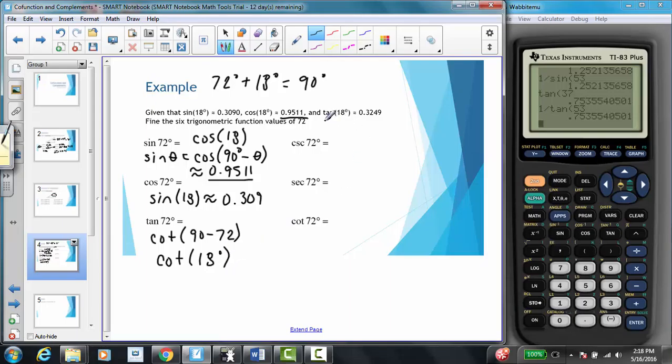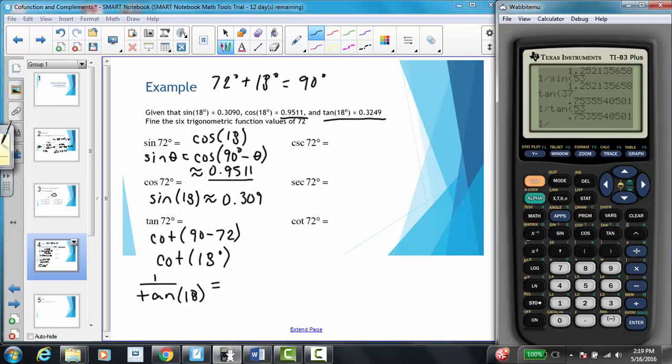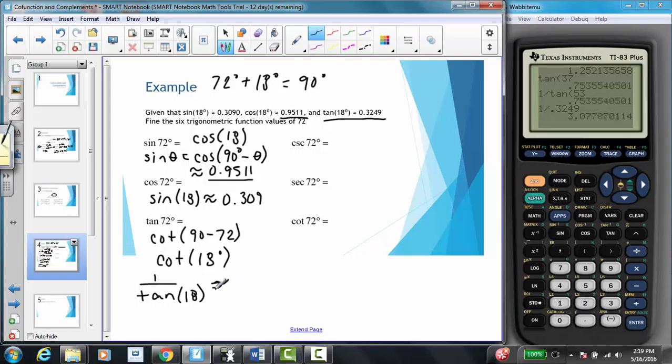The only thing given above is the tangent of 18 degrees. But remember that cotangent is the reciprocal of tangent. So now we have 1 over the tangent of 18 degrees, and we can put that in our calculator. 1 divided by the tangent of 18 degrees, which was given up here, 0.3249. And we're left with approximately 3.078.